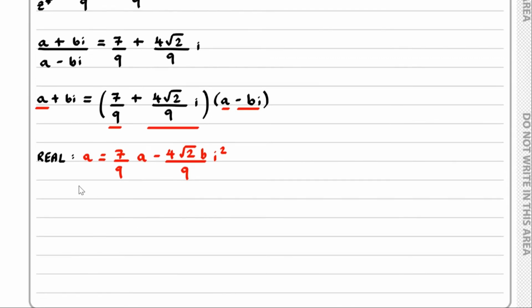And so if we rearrange and recognizing that i squared is minus 1, well, what we have then is a equals 7a over 9, subtract, well, I've got 4 root 2 times by minus 1 times by b over 9.